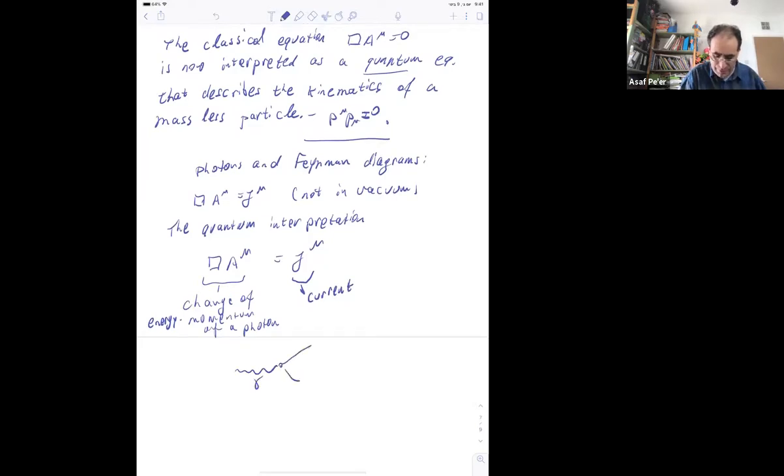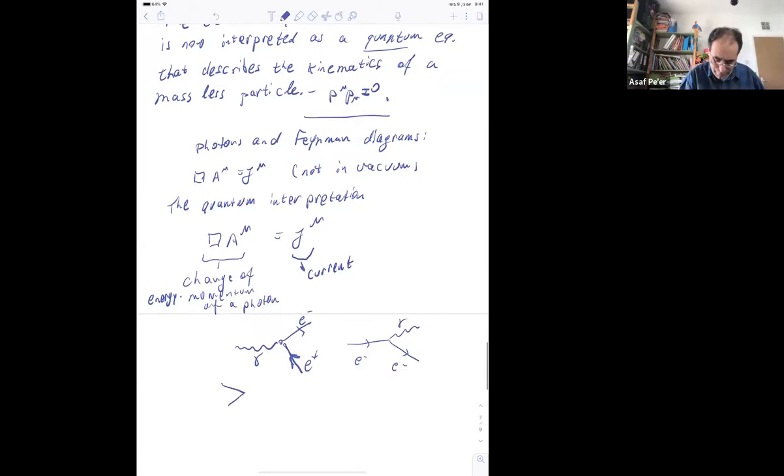So the quantum field theory interpretation of this equation is exactly these Feynman diagrams.